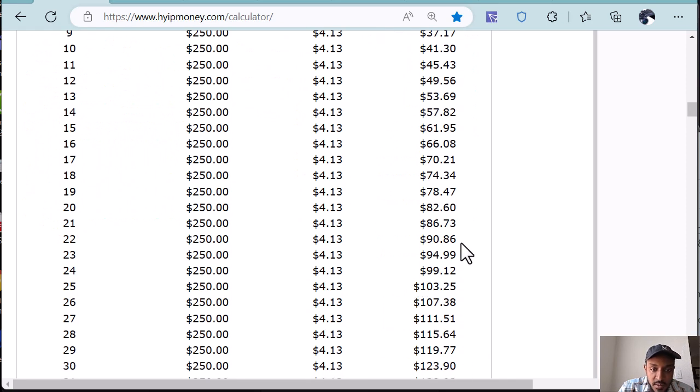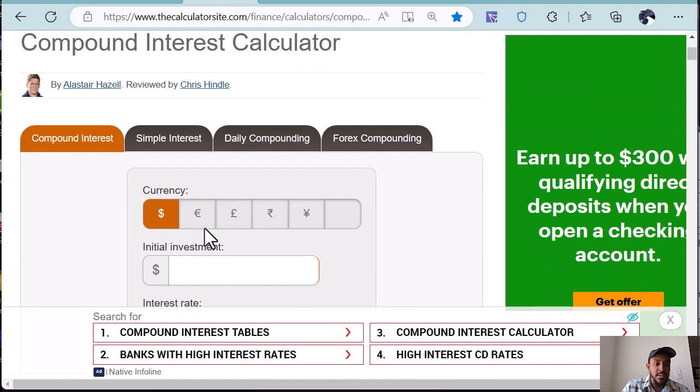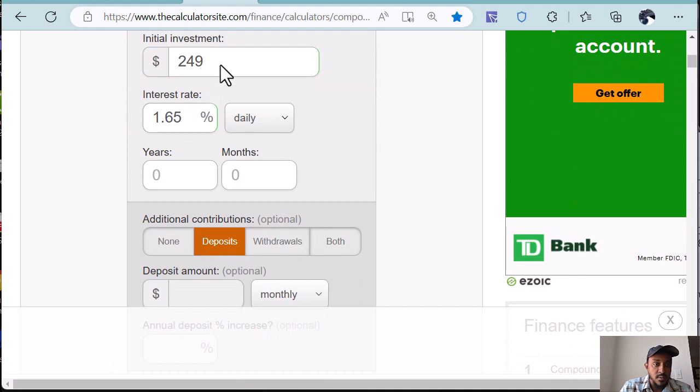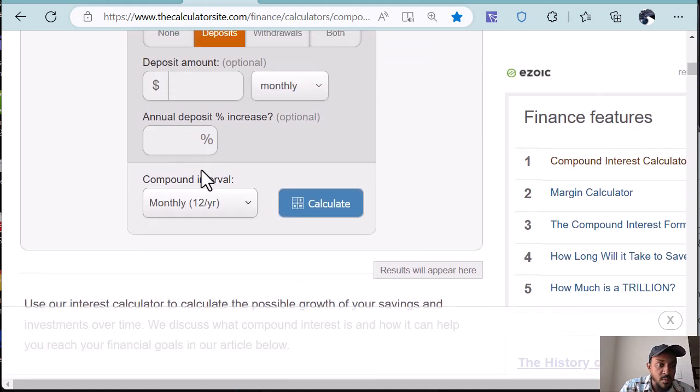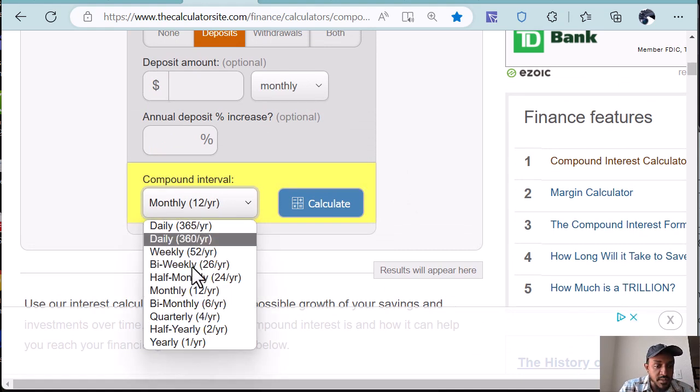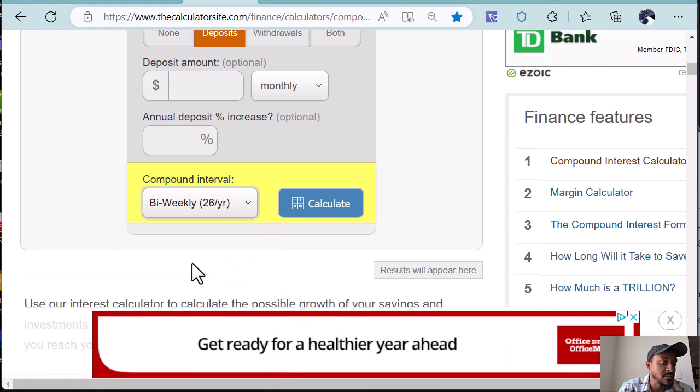But notice at day 13, you're compounding. Your balance will be a total of $5,369. You can come to the calculator and do 250 at 1.65. And this is going to be bi-weekly because it's every 13 days.